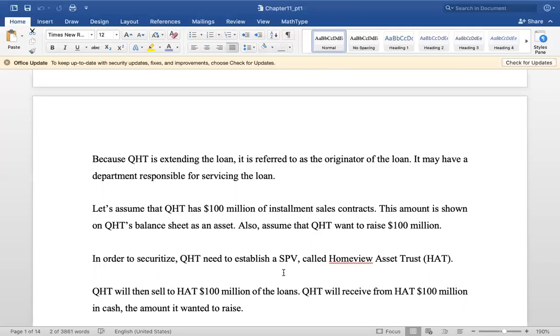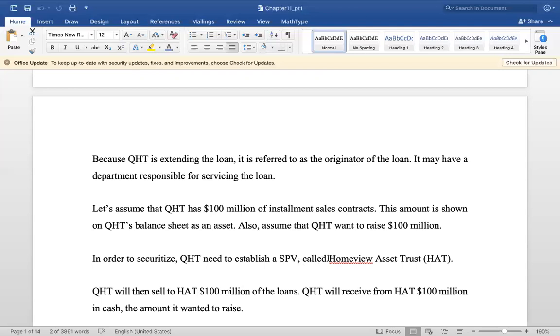Also assume that QHT wants to raise 100 million. What it can effectively do is remove these 100 million of assets from the balance sheet and raise 100 million of money using asset-backed security securitization. The first step will be establishing a special purpose vehicle.